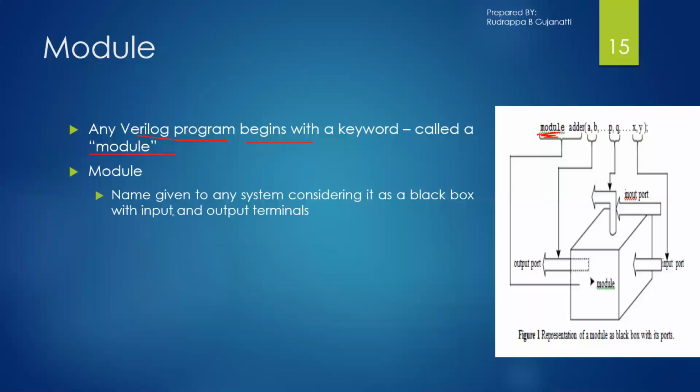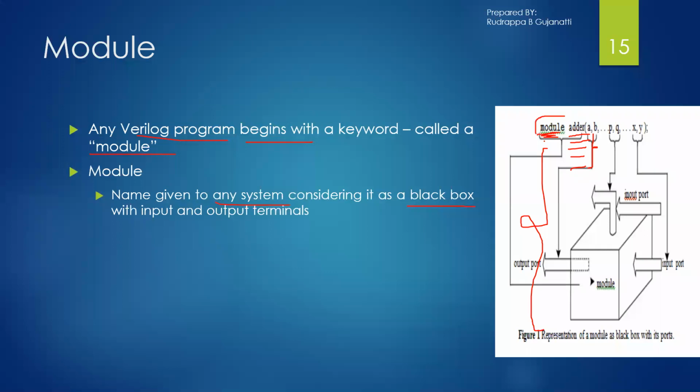Now module is basically a name given to any system which can be considered as a black box. I might not know what the system is doing. Later when we are doing the coding, we may get to know the operation it is performing. So here module is the keyword used to identify the start of the Verilog program, and after this it is the name given to any system, considering it as a black box. This can be an adder, a subtractor, a multiplier, a divider, or it can just perform some logical operations.